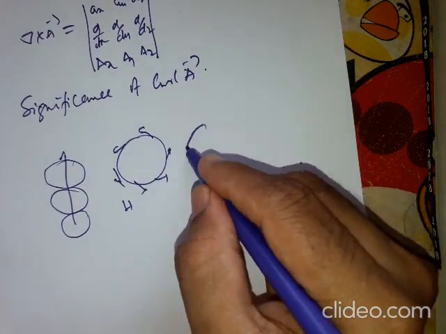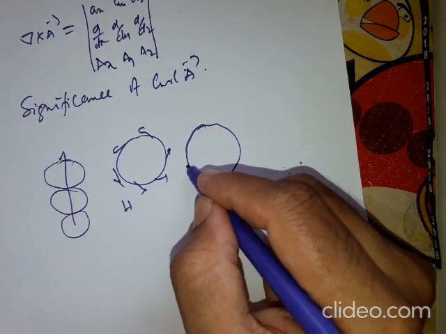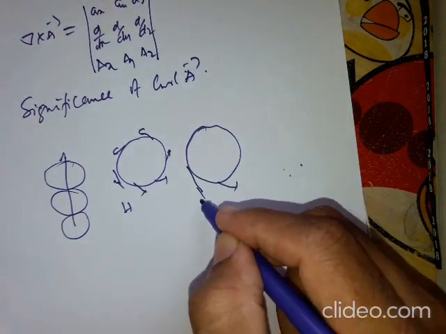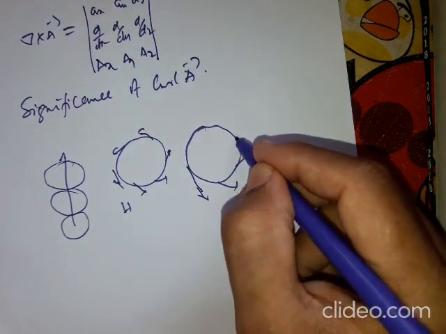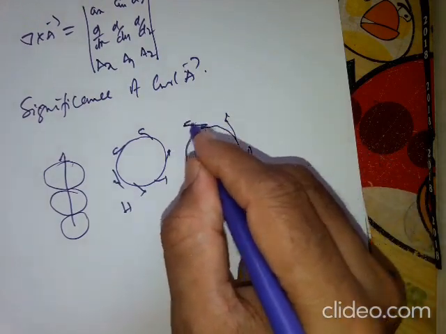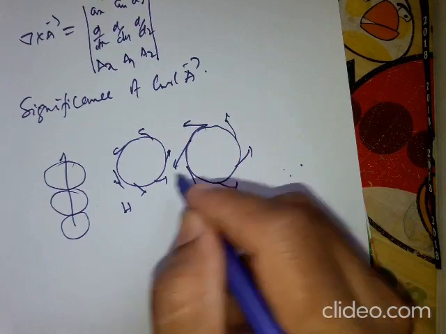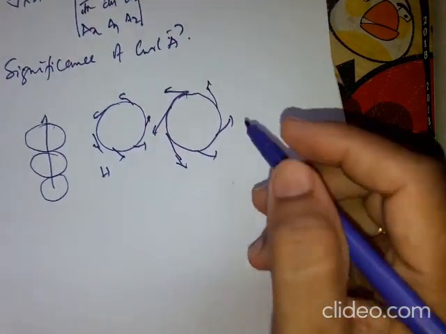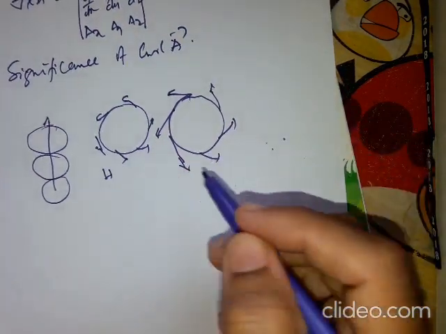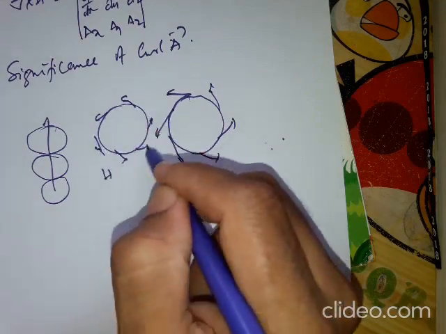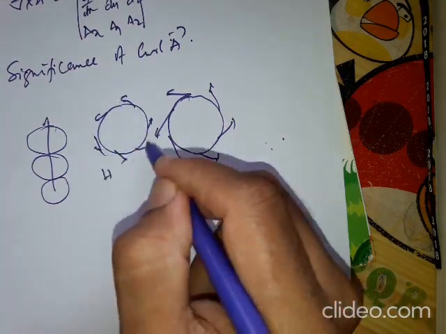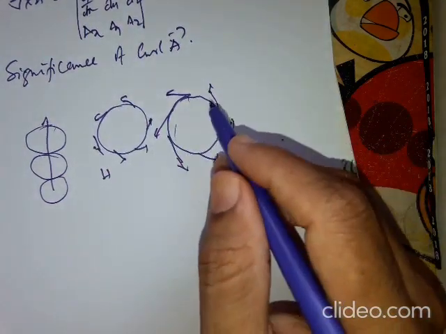If the intensity of the magnetic field is high, then it is indicated with larger arrow marks. The only difference is the intensity of the magnetic field. And here the curl magnitude is less, it's more here.